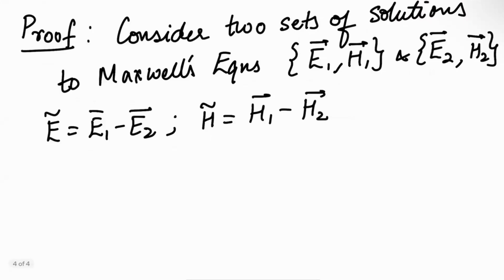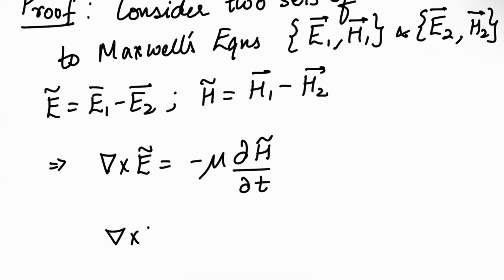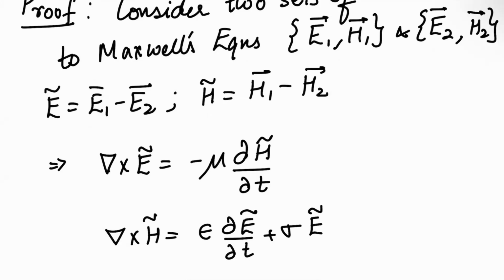right? Maxwell's equations are in fact linear. Which means that curl of E tilde is minus mu dH tilde over dt, and curl of H tilde is epsilon dE tilde over dt plus sigma E tilde.